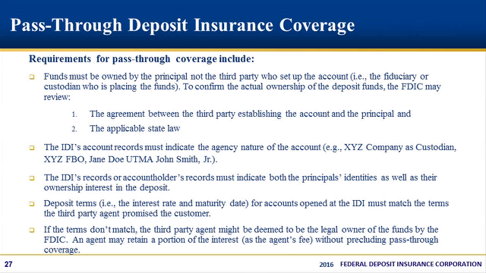It is essential that the bank account records indicate the agency nature of the account. This can be done by using an acronym or language in the title that clearly identifies that an agency relationship exists.